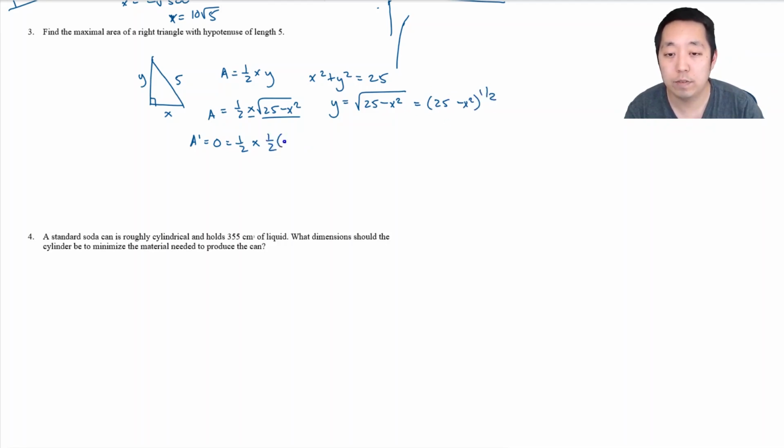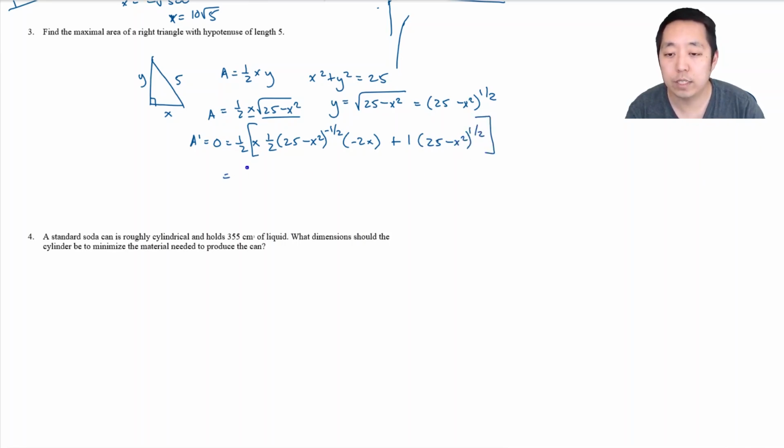That's 1/2, 25 minus x squared, 1/2 minus 1 is negative 1/2, times the derivative of the inside, which would be negative 2x, plus, I brought this 1/2 out, plus the derivative of x, which is just 1, times 25 minus x squared to the 1/2, just the radical there.